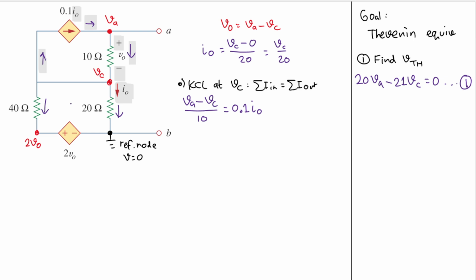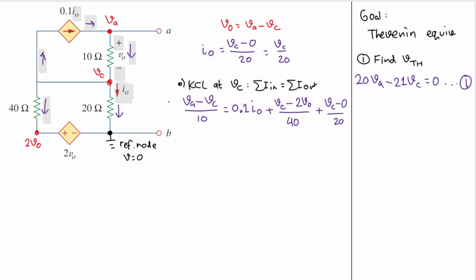Then what else? I have this current here, and that current will be plus VC, where the current comes from, minus 2VO, where the current goes to, divided by the resistance between them, which is 40. And for the last current going out, I have VC minus 0 divided by the resistance between them, which is 20.